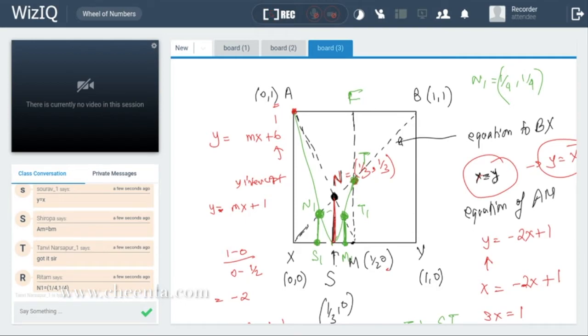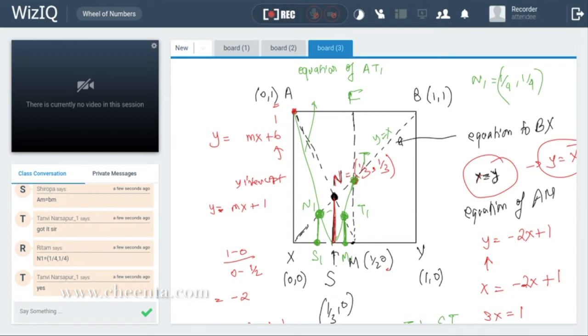And the strategy is the same, isn't it? We already know the equation of the line BX is y equal to x. Find out the equation of AT1.